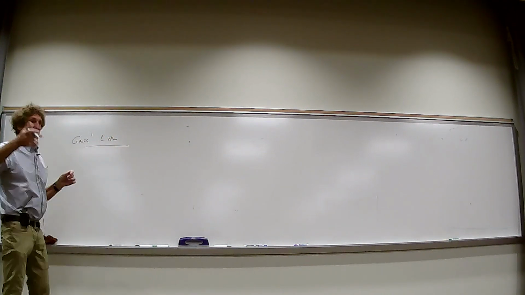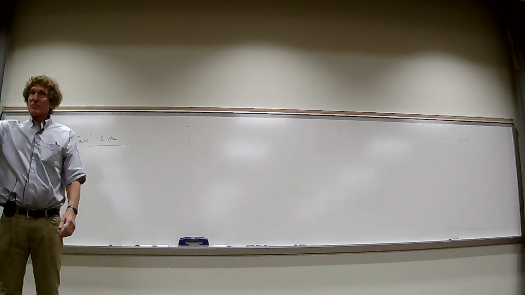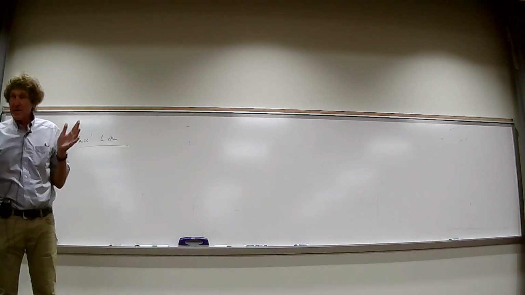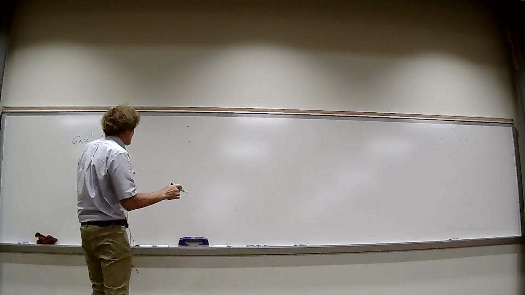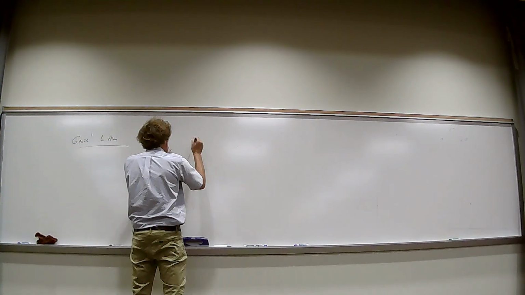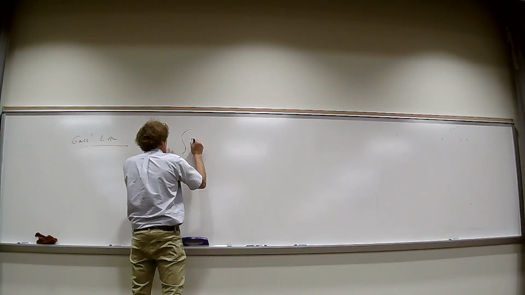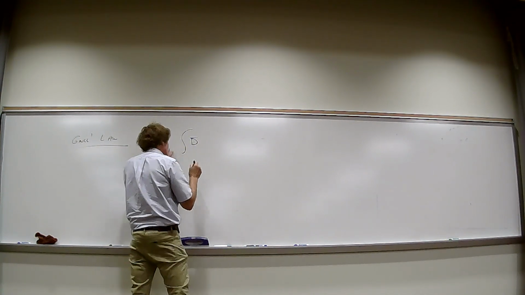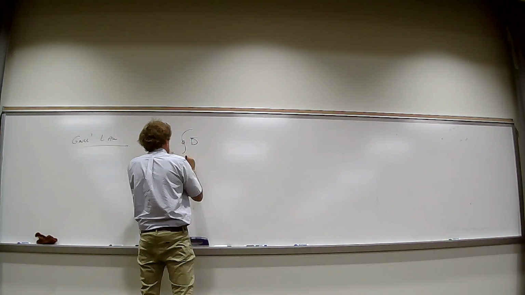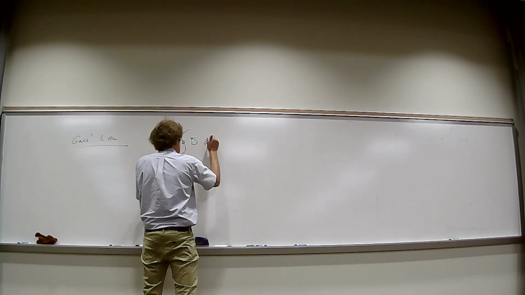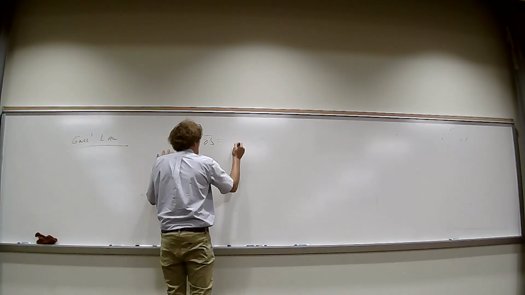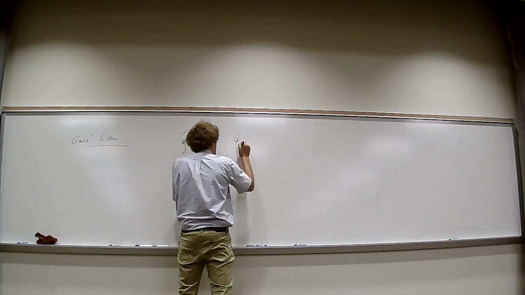now how many remember Gauss's law? There's a differential form and an integral form. I'm going to give you both. Gauss's law says this. It says the integral of something called the D field, that I'm going to get to in 1 second, over a closed surface dS is equal to the charge enclosed.